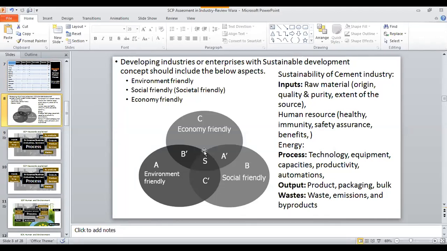Finally, it may not be Coca Cola, but it can be a good replacement. So Coca Cola is not socially friendly. If not socially friendly, of course, it is not environmentally friendly. So how to say, is Coca Cola economy friendly?